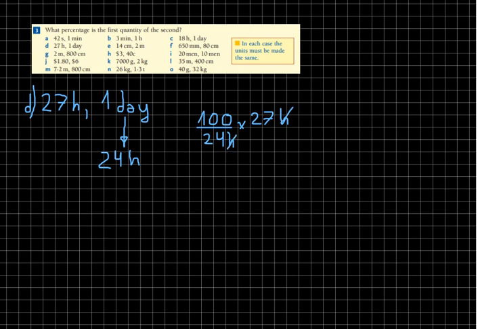Second, we can simplify that fraction before we make the multiplication. The half of 100 is 50 and the half of 24 is 12. We can go on and say that the half of 50 is 25 and the half of 12 is 6.